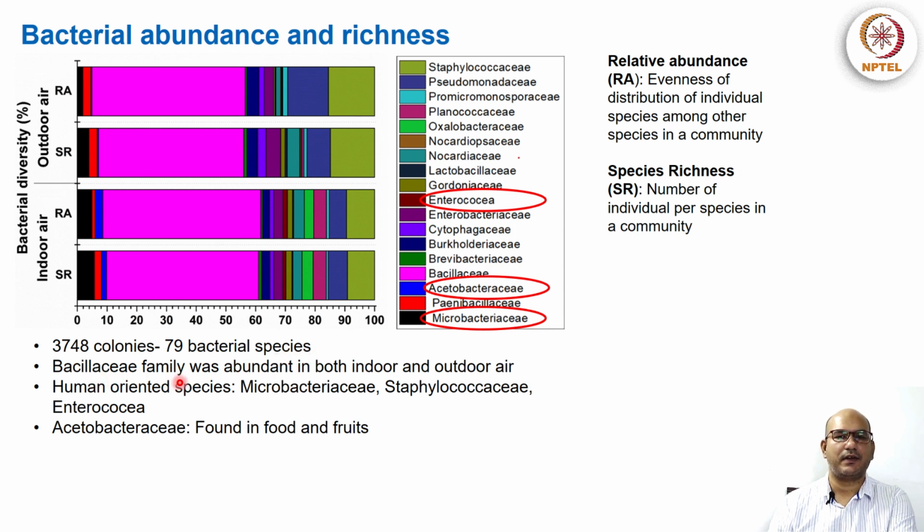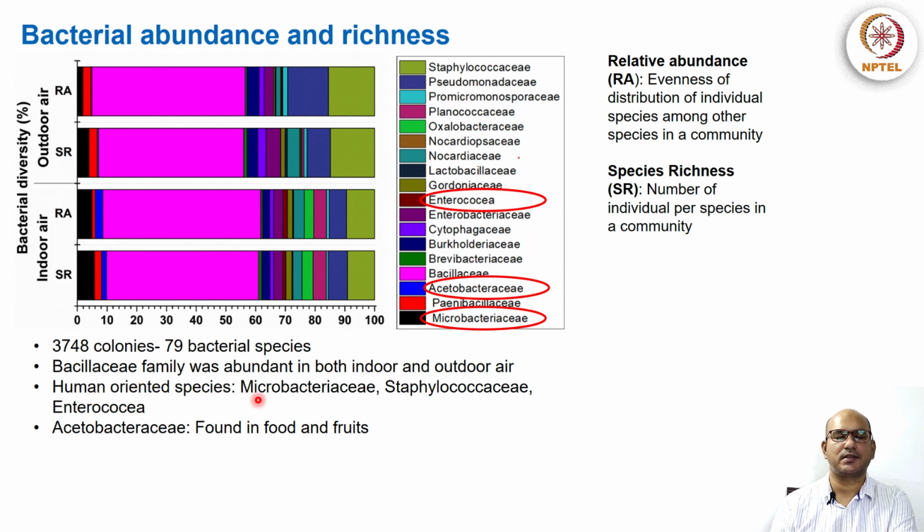The Bacilli family was the most abundant in both the indoor and outdoor air. The parameters that were also calculated were the relative abundance, which means the evenness of individual species among other species in a community, and the species richness, which is the number of individuals per species in a community.